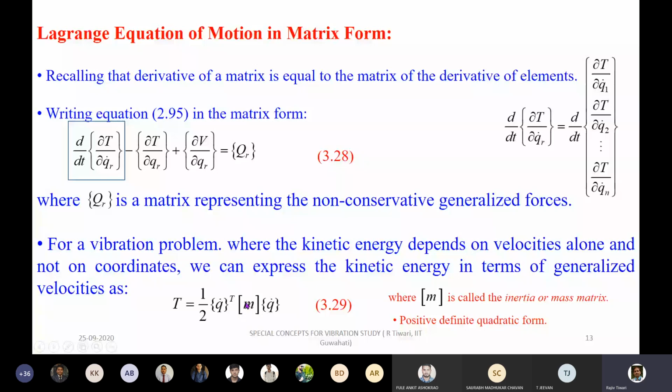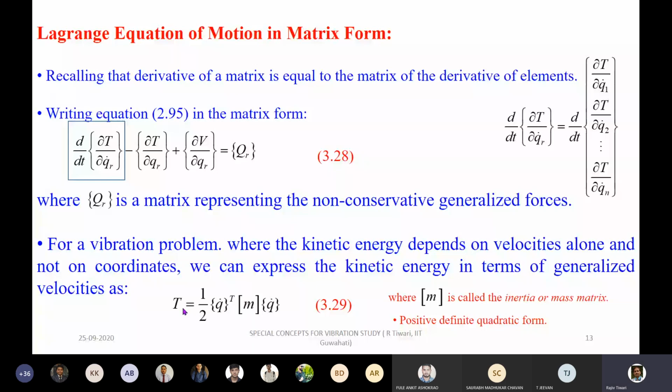This we already derived earlier. It is something like half mass velocity square, where M is the inertia or mass matrix.